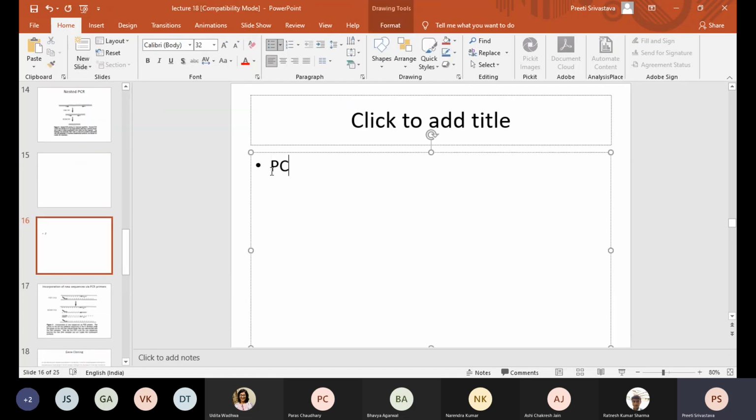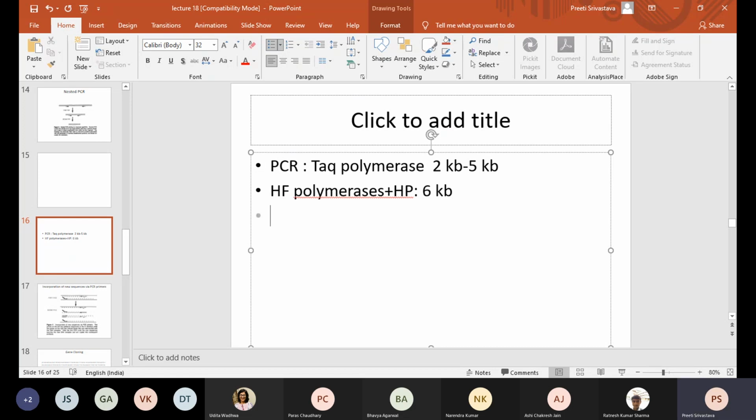For PCR using Taq polymerase, you can easily go up to 2 kb, and maximum up to 5 kb. Beyond that, it will not work, right? For certain other high fidelity polymerases, which have high processivity as well, you can go maximum up to 6 kb in real life.